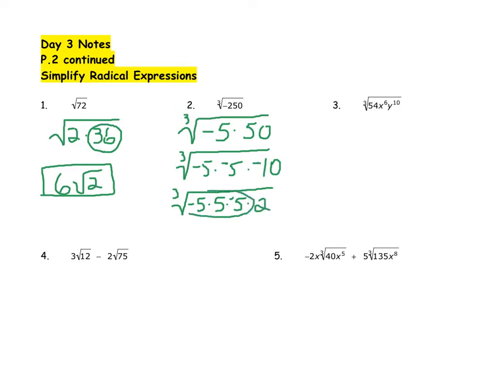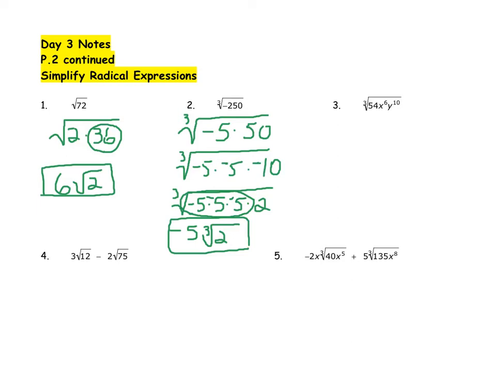So basically 125 is a perfect cube, and I'm going to be able to take out a negative 5 as one of the 3 factors that I can take out for the cube root. So a negative 5 comes out, and I leave the cube root of 2 inside.